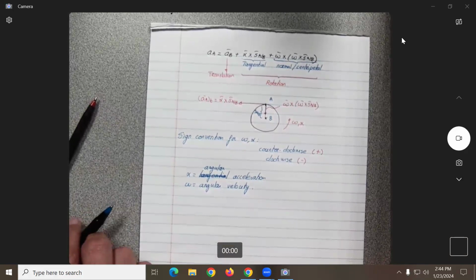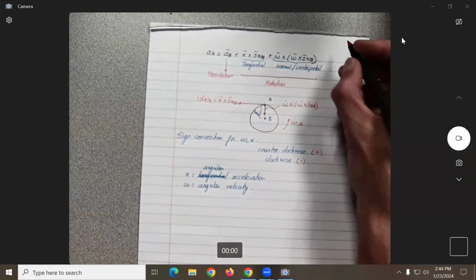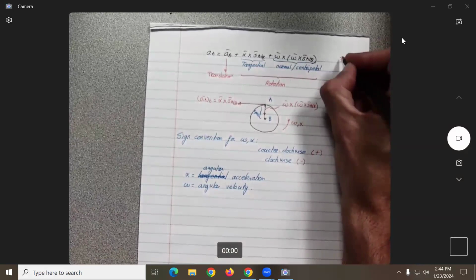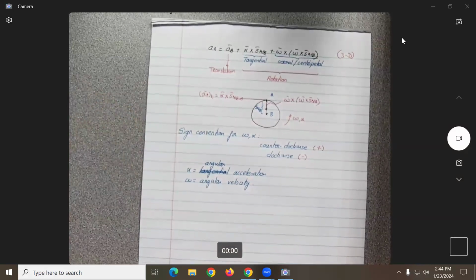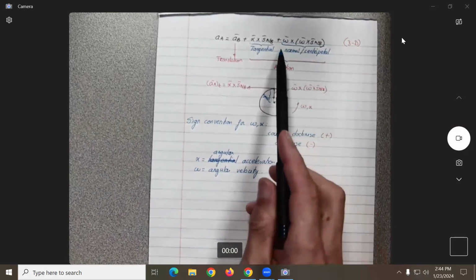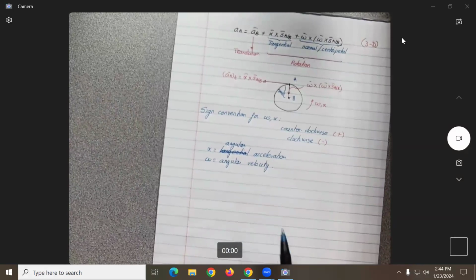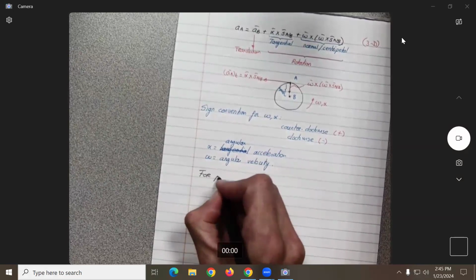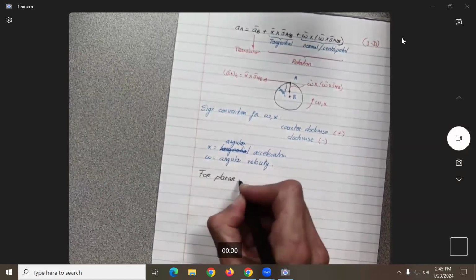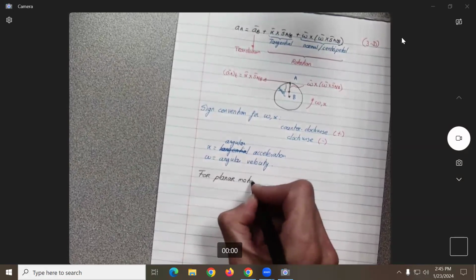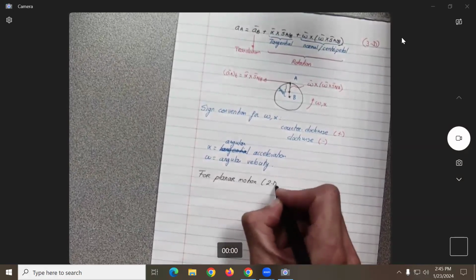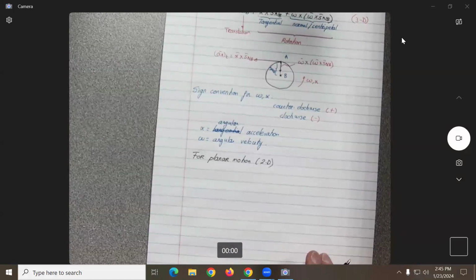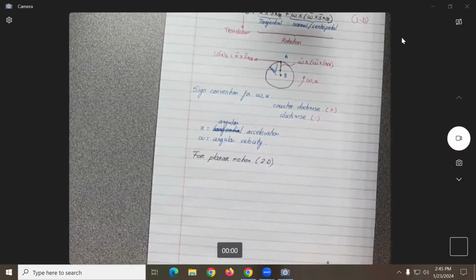Okay, so this equation here is 3D. So over here, let's try to simplify this term for 2 dimensions. So let's say for planar motion, which basically means 2D, what do we have?